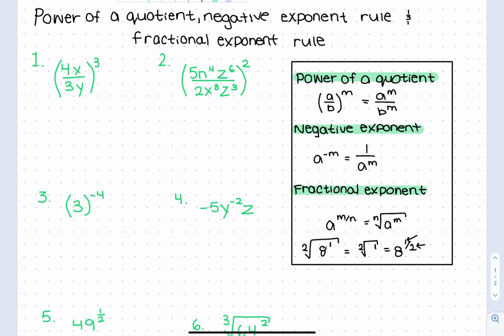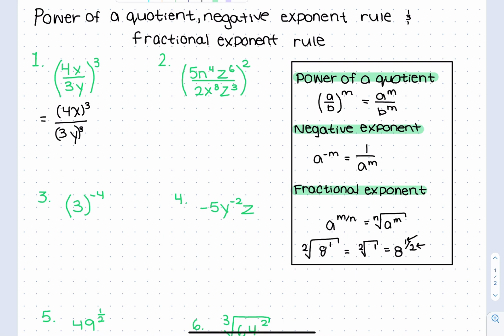To start off, we have the power of a quotient rule. In this case, we have an exponent but it's to the power of that entire fraction. According to this rule, we can apply it to the top, which would give us 4x cubed, and apply it to the bottom, which would give us 3y cubed.